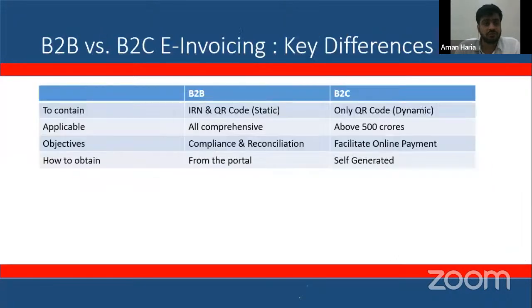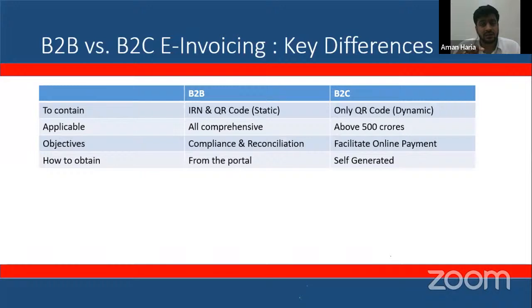Moving forward, what is the difference between B2B and B2C e-invoicing? First, with B2B e-invoicing, when you generate an e-invoice, you get an IRN, the invoice registration number, and a QR code. That QR code has all the details of the invoice. So your invoice would have this IRN and this QR code.